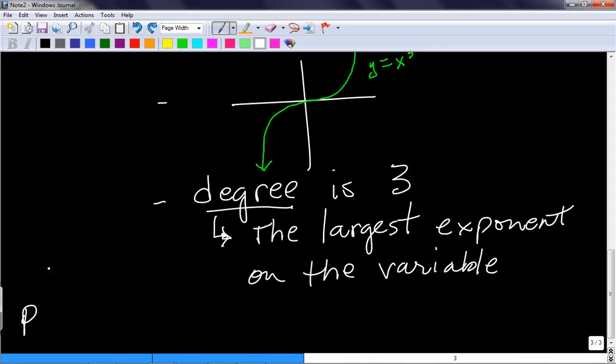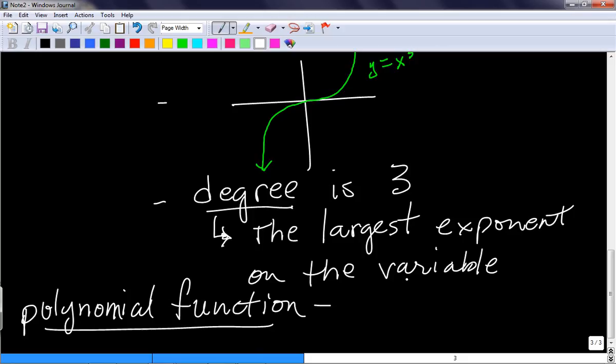Let's talk about what a polynomial function is. I'm just going to give you some terms here. Polynomial function. Let me see.